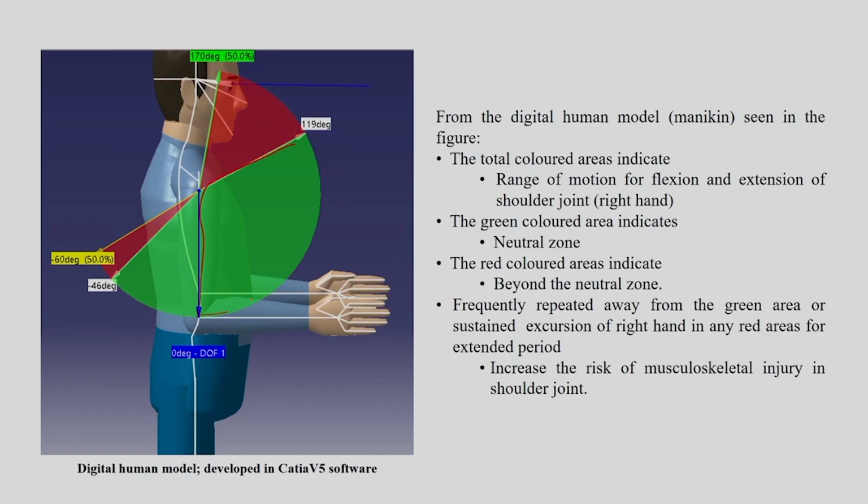Okay, green zones are the comfortable zone, whereas these red zones are not comfortable, the dangerous or risky zone. So the total colored areas indicate the range of motion for flexion and extension of the shoulder joint. Only for the right hand, for this shoulder joint, this is the kind of possible movement region. Okay, this is the total possible.